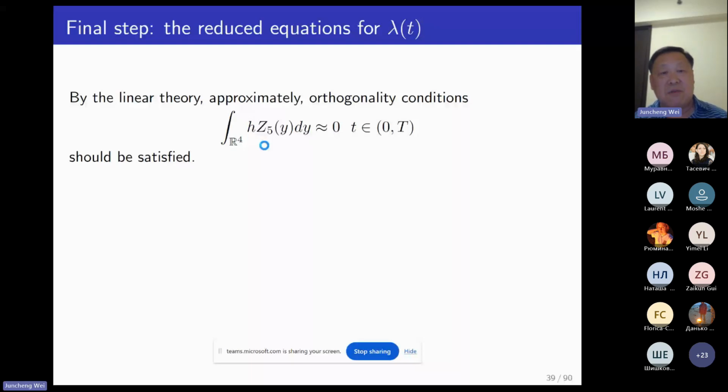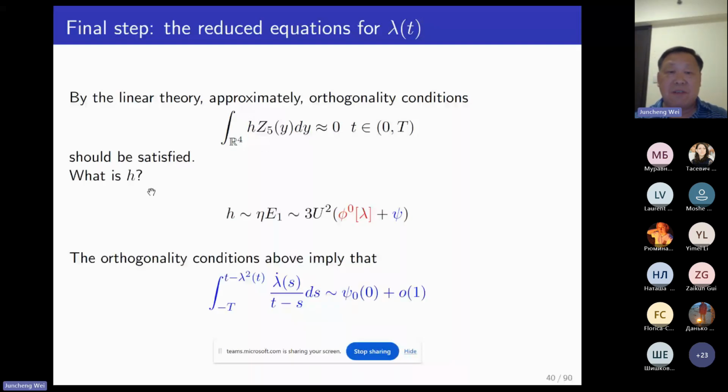So what is our H? Which we have computed. H is basically like U squared times, remember this is a global term, and this is a precise term. And the integral of this against Z5, after a lot of computation, what you get is a non-local ODE.